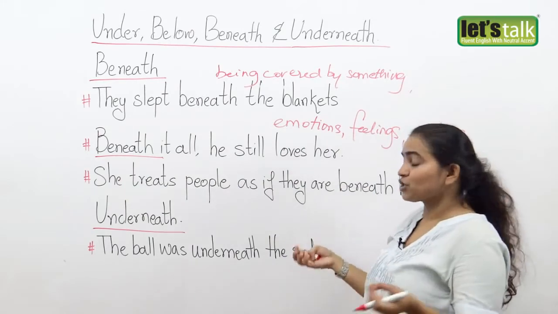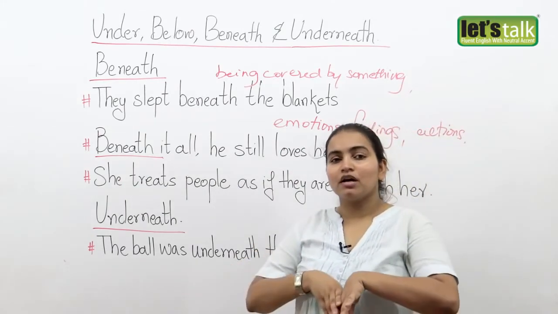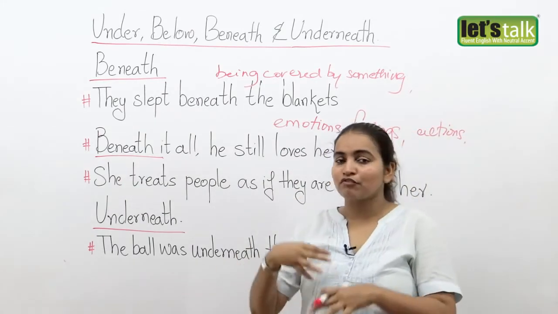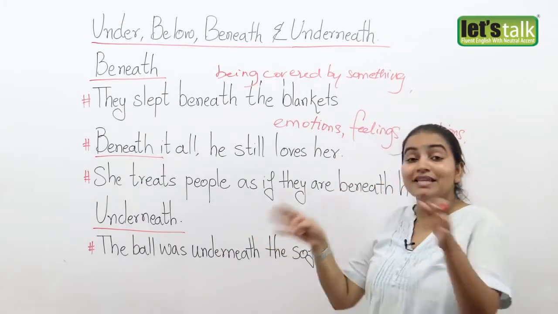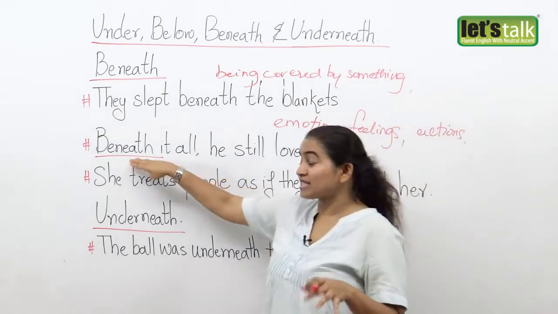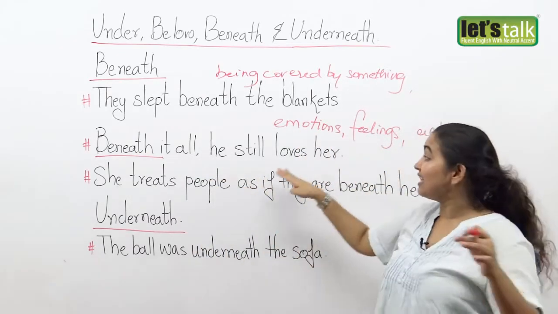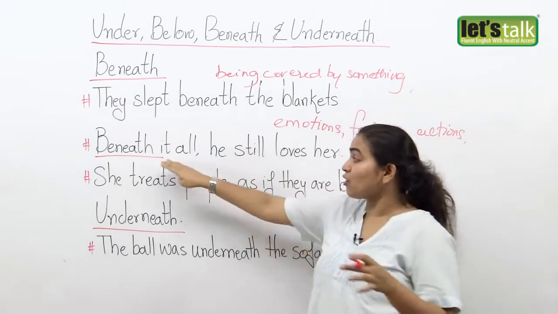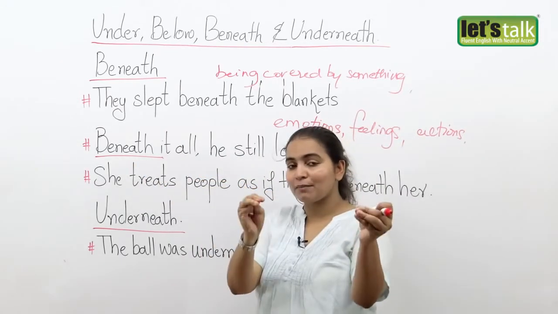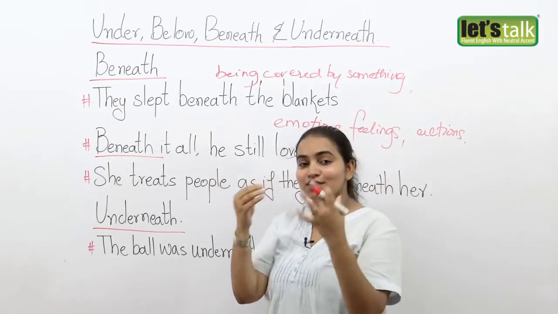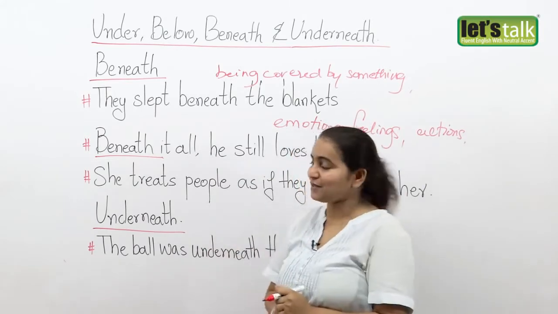So maybe we're talking about a couple who gets into a lot of arguments, a lot of petty fights, but beneath it all, which means beneath all the emotions, the feelings, the drama, they still love each other. So we're talking about beneath because we're talking about a person's feelings, his emotions, and all the drama in between.